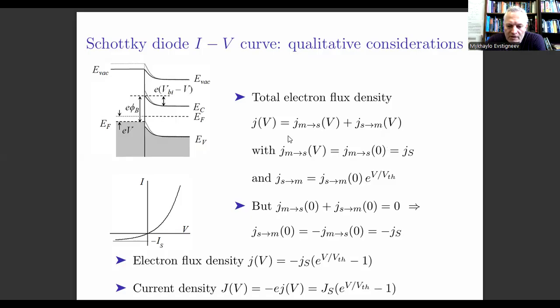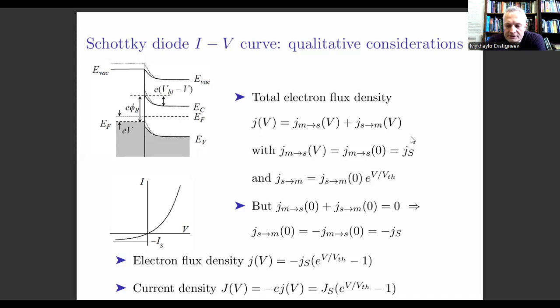And the metal to semiconductor flux, because the Schottky barrier does not change as you apply a voltage to the metal, then the metal to semiconductor flux of electrons also does not change. It is a constant. It has the same value when the voltage V is applied to the metal as when no voltage is applied to the metal.